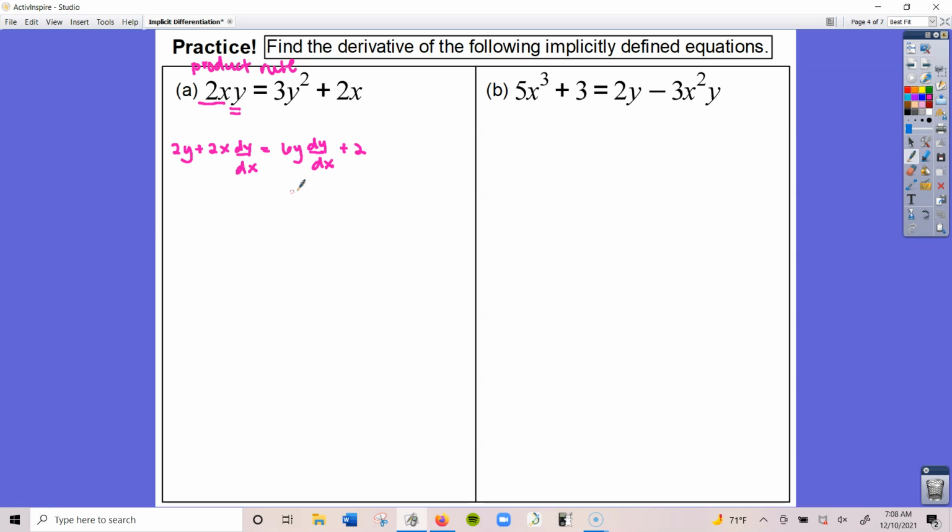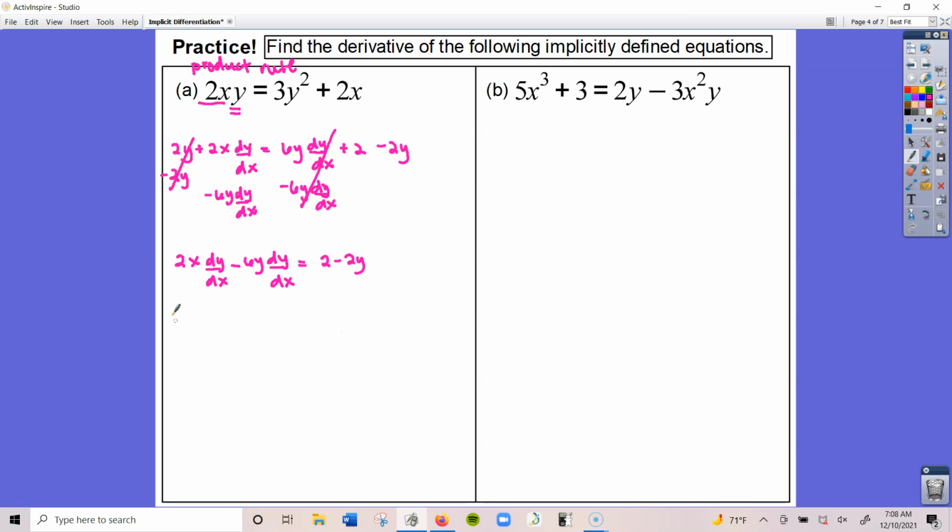We're going to move all of the dy dx's over to one side. And then everything else over to the other side. So on the left, I have 2x dy dx minus 6y dy dx is going to equal to 2 minus 2y.